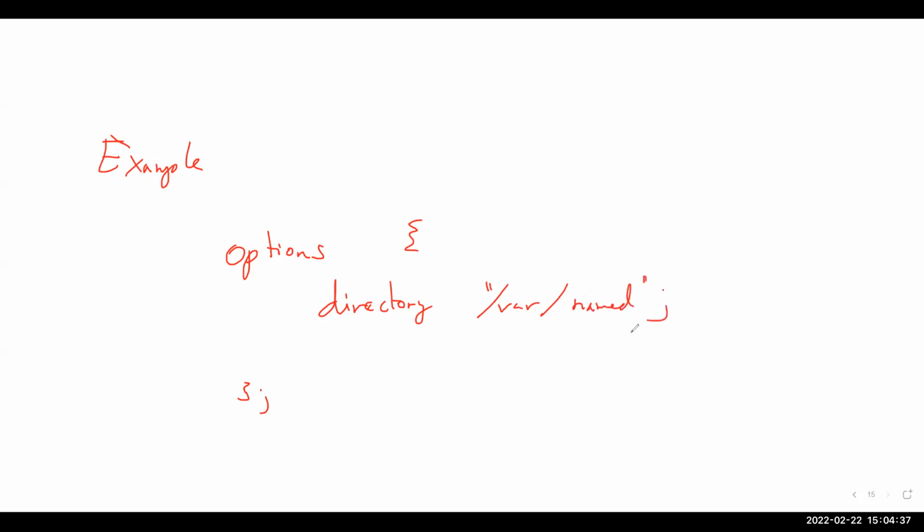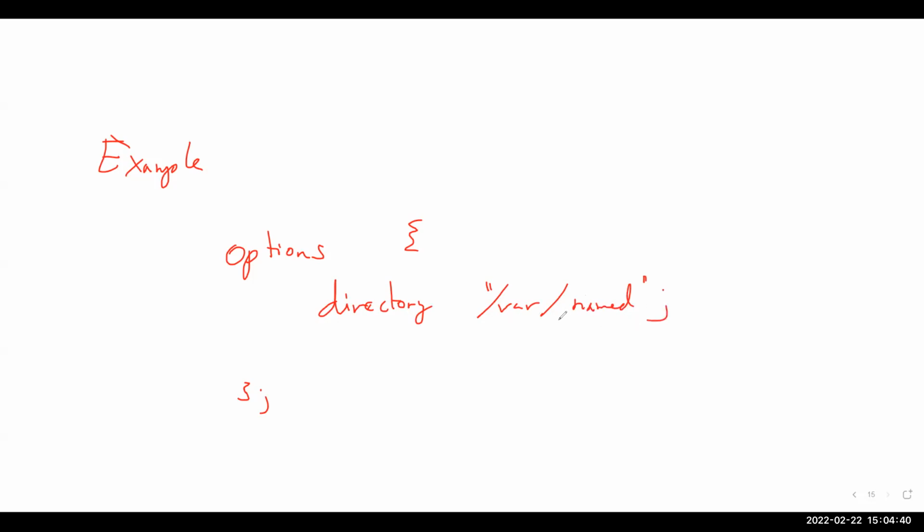So for instance, one of the examples will look like this. Let's say you have a parameter called options in there with no arguments. You have an open curly bracket, closed curly bracket, and then in there you'll have a directory, which is /var/named, right?